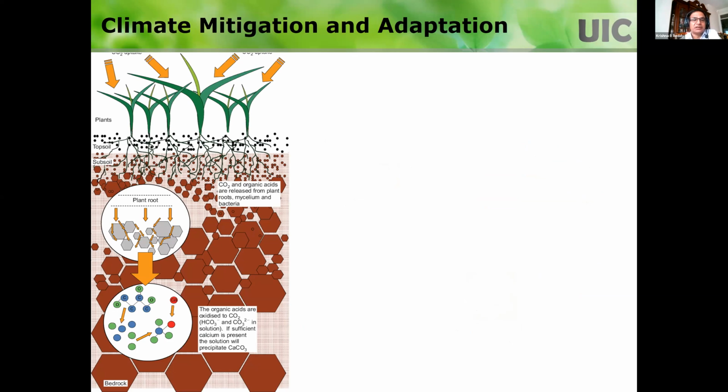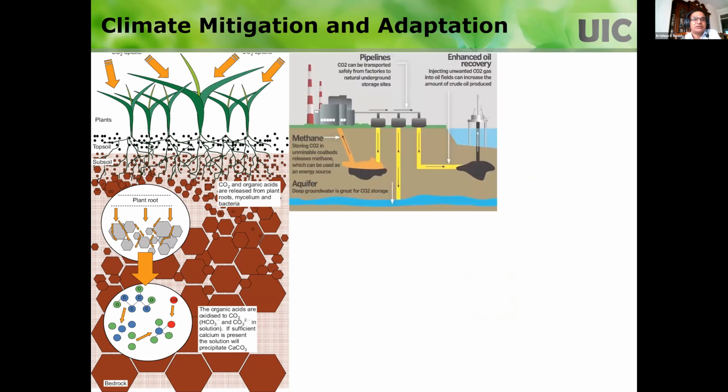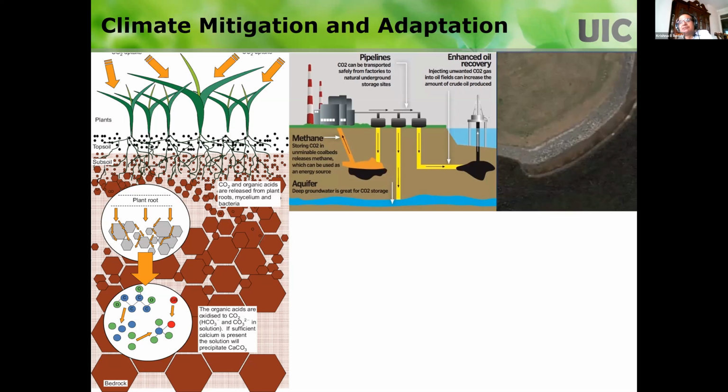There are different carbon sequestration methods to take carbon dioxide out of the atmosphere, and there are techniques involving underground carbon dioxide injection, where you use a deep injection well to inject the CO2 and trap it in the subsurface. So there are a lot of different things that can be done to address climate mitigation.